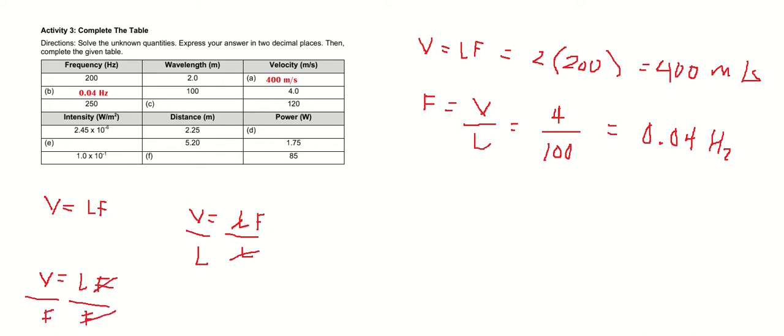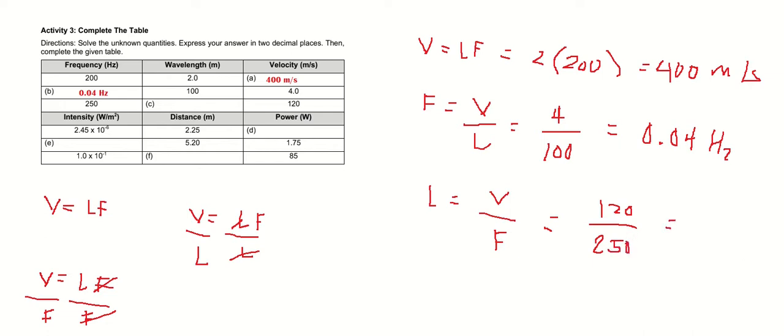So, formula natin for wavelength ay L is equal to velocity over frequency. Ngayon, meron tayong given na velocity na 120. Tapos, frequency na given, nasa na ba yun? Ayun, 250. So, 120 divided by 250 yan.